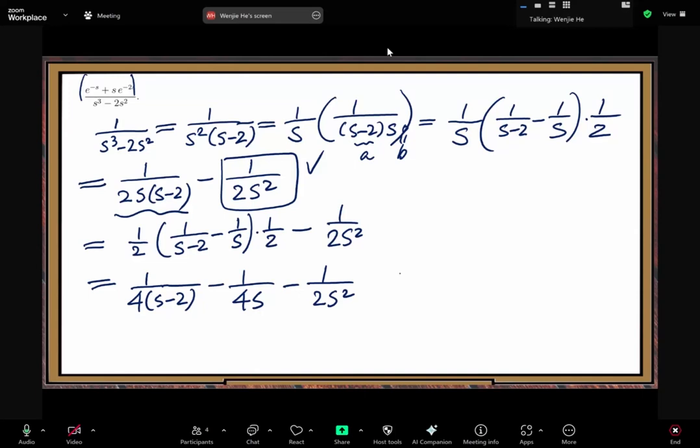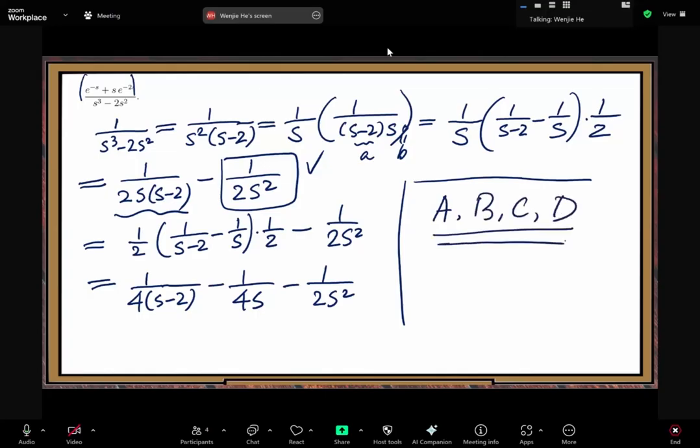So here you can see, if you can master this method, then you do not need to use the standard partial fraction method, because a lot of A, B, C, D, okay? Although still correct, but probably too much work.